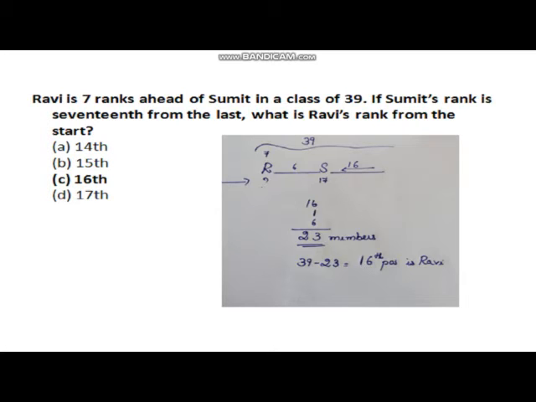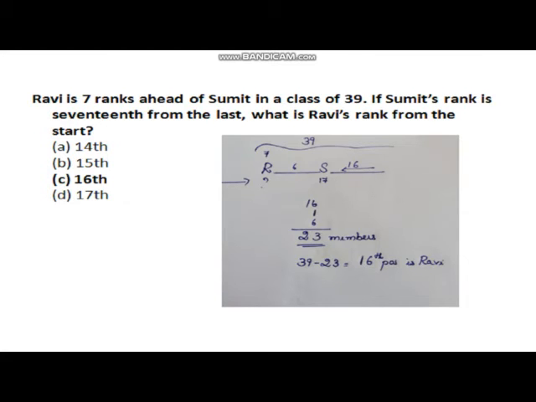So 16th position is Ravi. We haven't counted Ravi before, that is why it is 16th position. If we had counted Ravi before, it would be 24 members, so subtracting we get 15 members, and the 16th position will be Ravi. Anyway, you can take either, it depends on you.